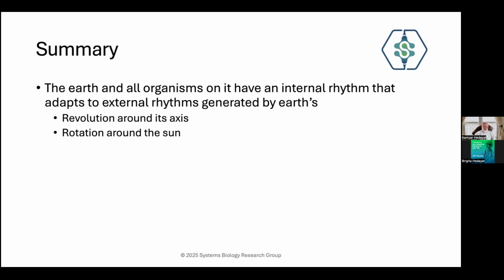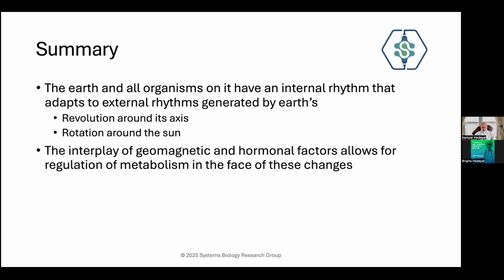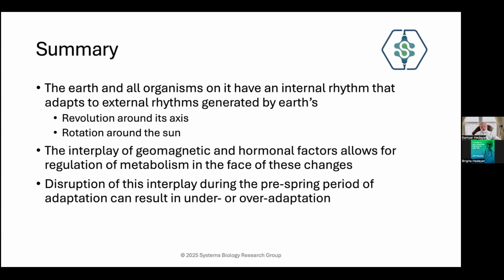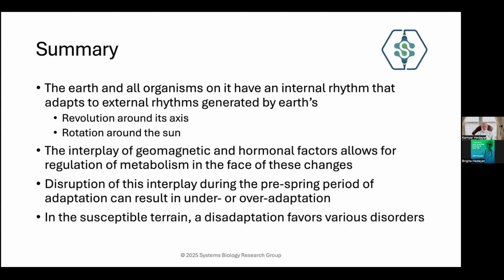So in summary to this section, the earth and all organisms on it have an internal rhythm that adapts to the external rhythms generated by the earth's revolution around its tilted axis and its rotation around the sun. The interplay of geomagnetic and hormonal factors allows for regulation of metabolism in the face of these changes. And disruption of this interplay during the pre-spring period of adaptation can result in under or over adaptation and various disorders.